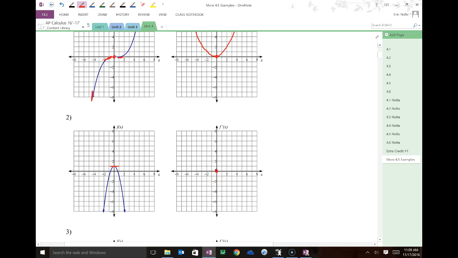Now if I look at the left side of 0, I have this super steep slope again, and it eventually gets flatter as I get closer to 0. I have this super sharp turn, so this one is probably going to be steeper compared to the last one I just did. You can definitely tell the slope is steeper.